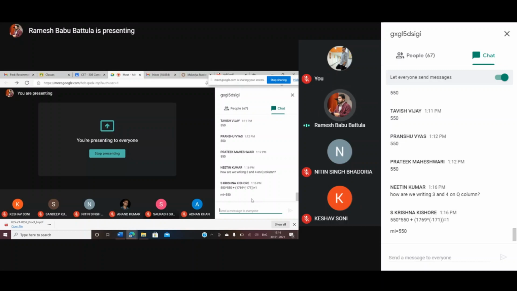Nitin, how are we writing 3 and 4 in the Q column? This is the coefficient. Once you multiply 550 into 3, how much do you get? 1650. So that coefficient 3, Q, I'm writing over here.